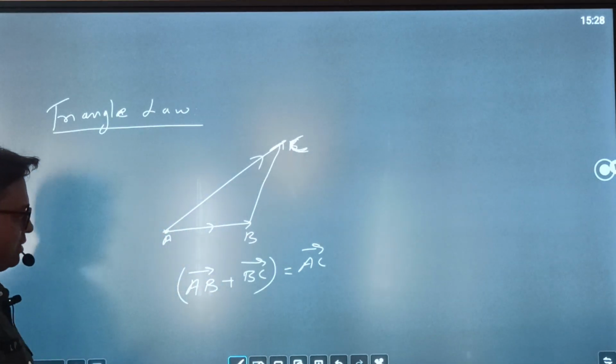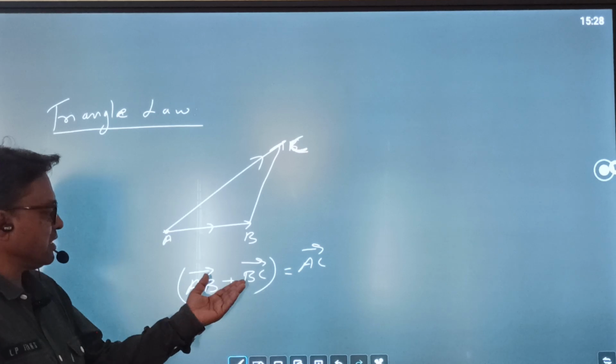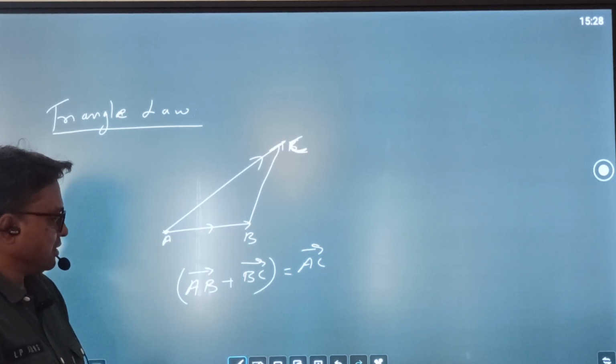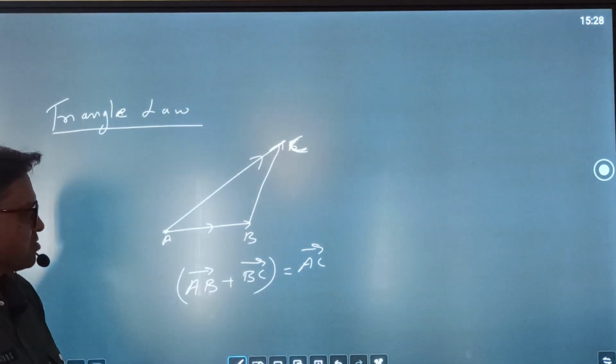As per the triangle law, if two vectors are represented by two adjacent sides of a triangle taken in order, then their resultant is given by the third side in reverse order.